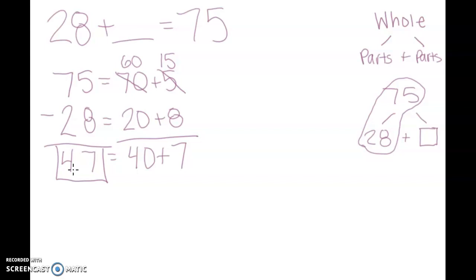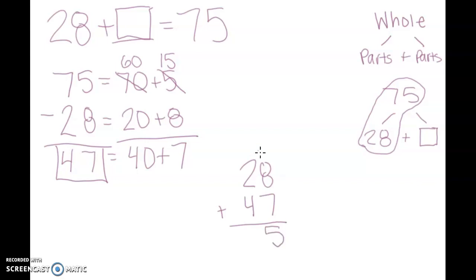Well, let's just double check our answer to make sense. So if we were to plug our missing part in up here, it should equal 75. So I'm going to do 28 plus 47. And remember, that should equal 75. So 8 plus 7 is 15.